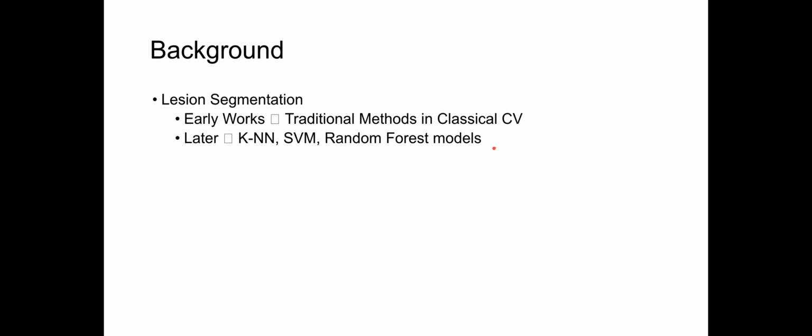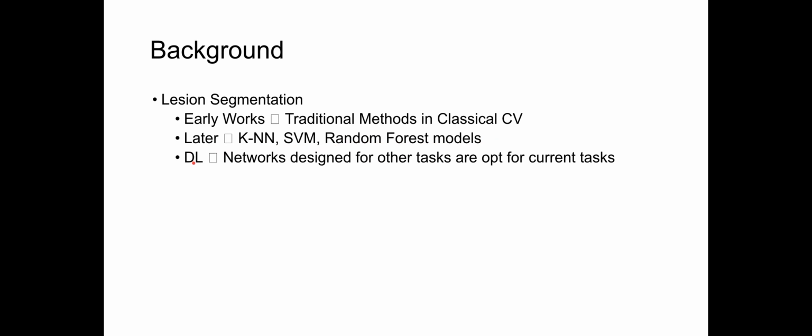If the features are good, the model is going to perform better, but if the features are bad, you're not going to get optimal results. Later we have deep learning based solutions. But in deep learning, you have networks designed for other tasks. Let's say UNet is there, and you try to use UNet on the current task. So there is no specific network for a particular task. That's what they mean to say.